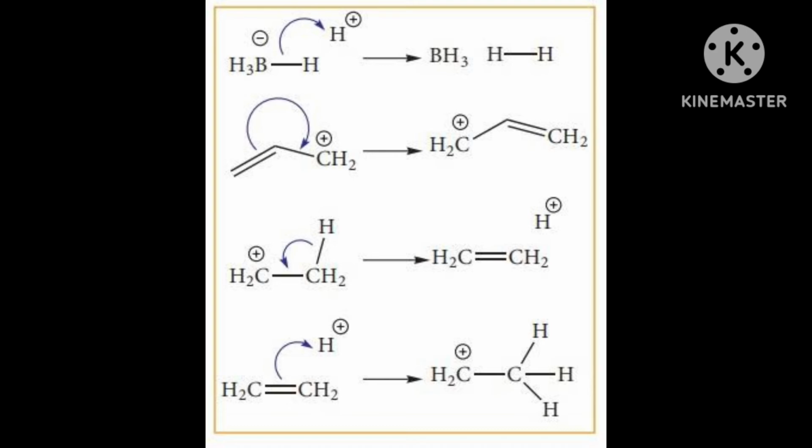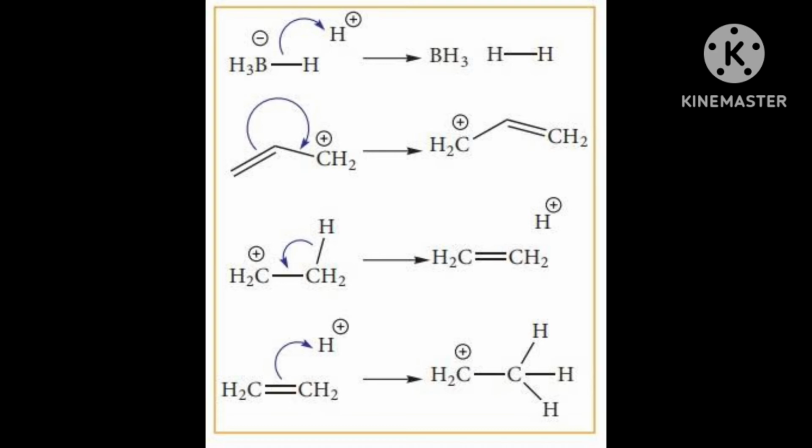Then again the arrow will start from the middle of the bond, and it will end on the bromine atom. It will form CH3OH plus bromide ion. Now bromine has 4 pairs of electrons and 1 negative charge.